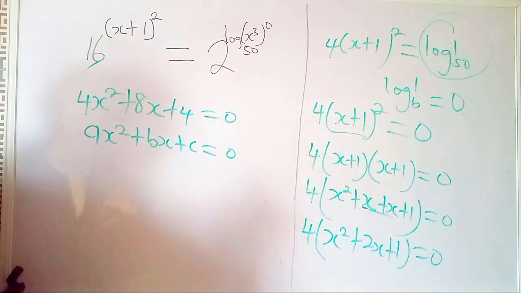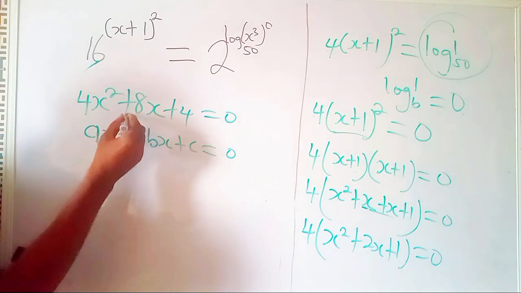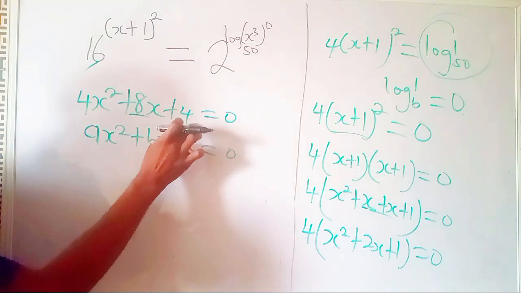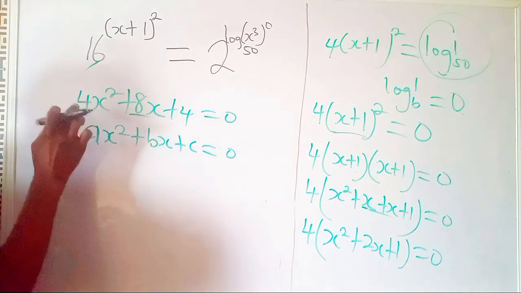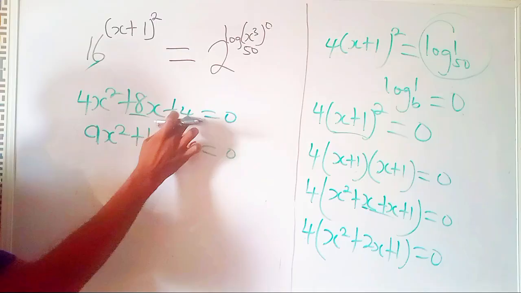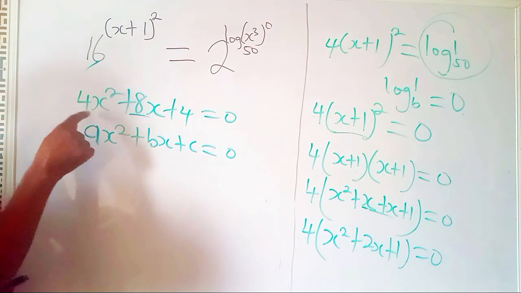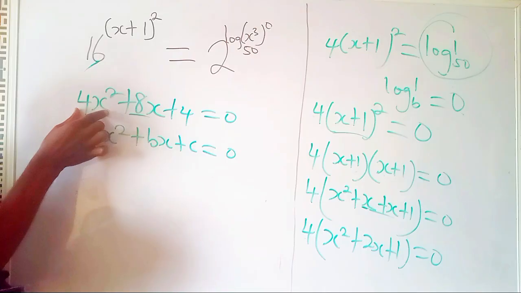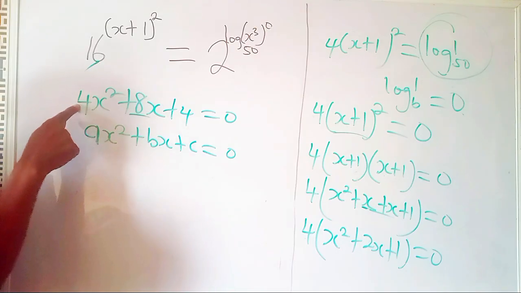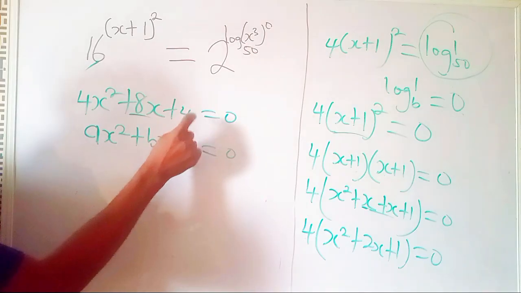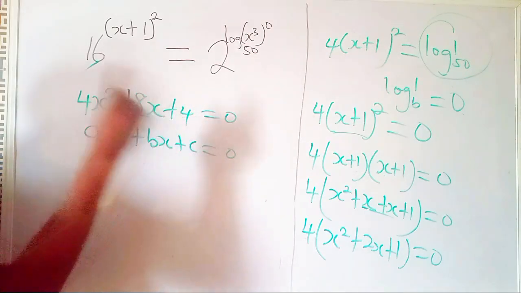We think of two possible values that when you add, you're going to have 8, but when you multiply, you're going to have 16. Why am I calling for 16? Because this 4 here has to multiply with what? With 4. Because when you have a quadratic equation where x raised to the power of 2 has a coefficient more than 1, let the coefficient of that x squared multiply with the last term. So 4 times 4 is 16.